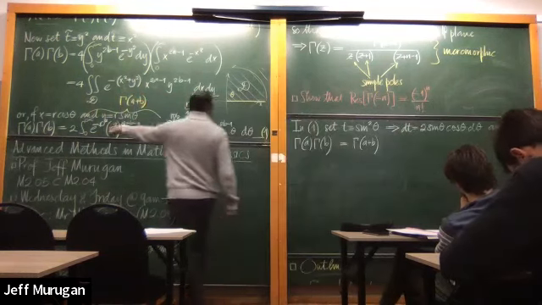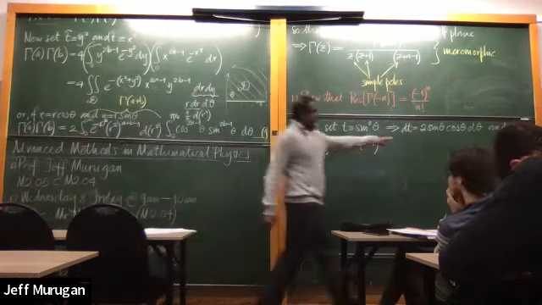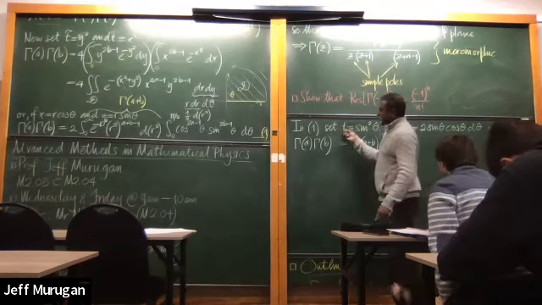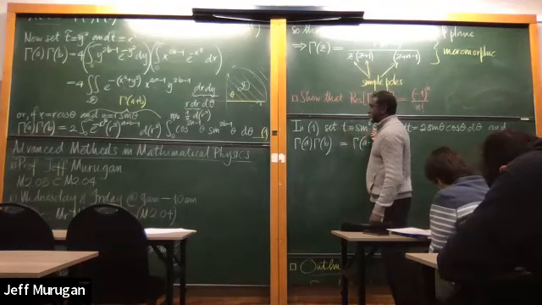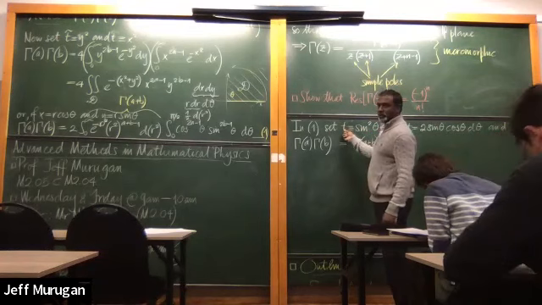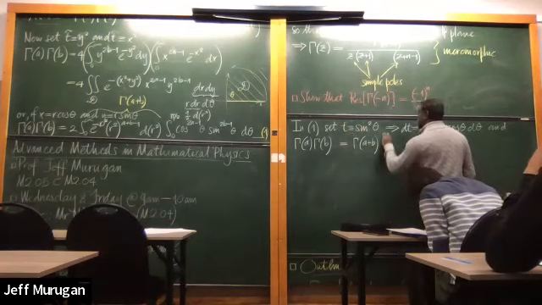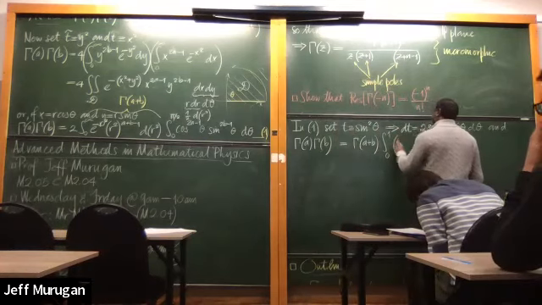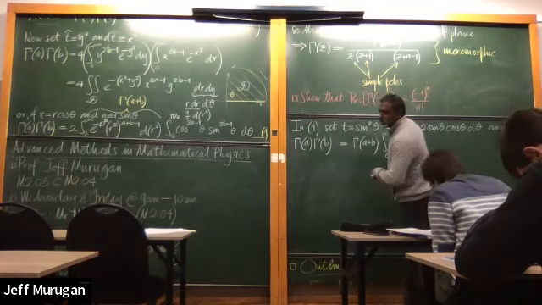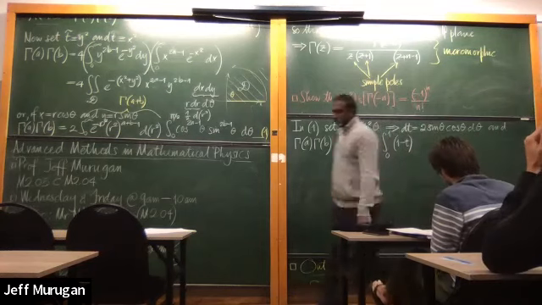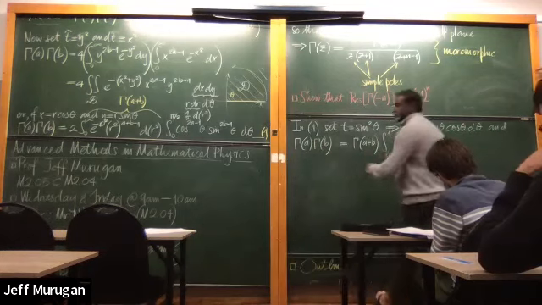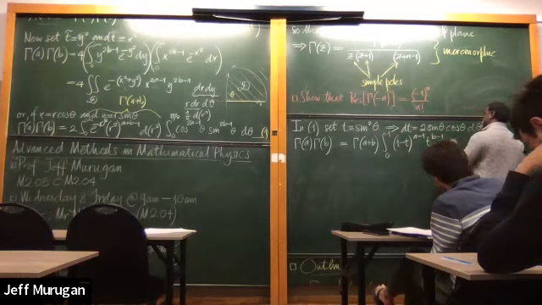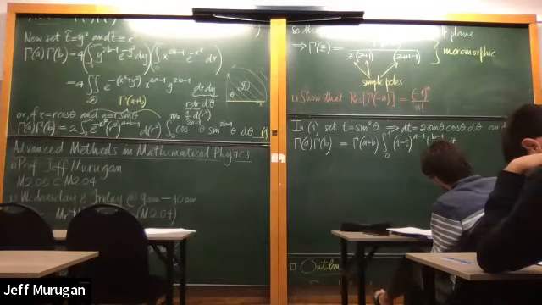If I take this factor of 2 and incorporate it in the measure for the integral, then the remaining bit, when theta goes from 0 to pi by 2, t goes from 0 to 1. So this is an integral from 0 to 1 of (1 minus t) to the a minus 1 times t to the b minus 1 dt.